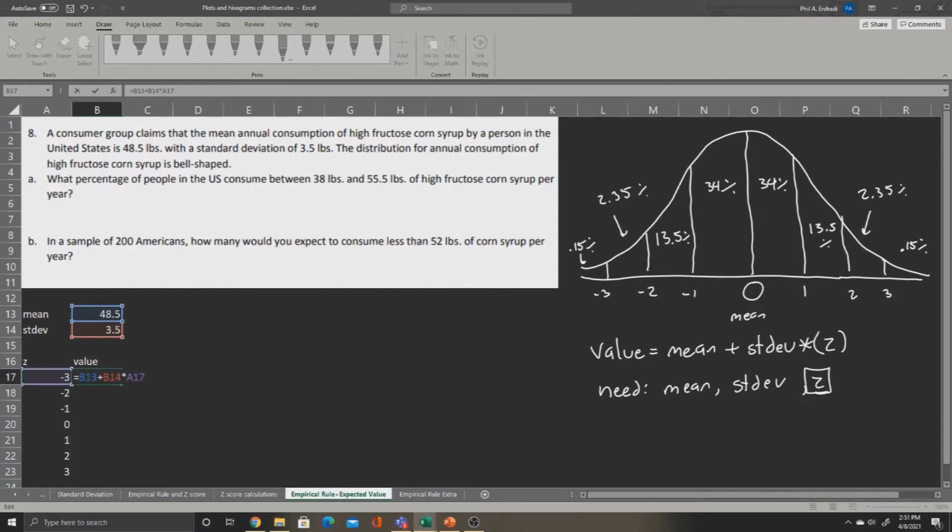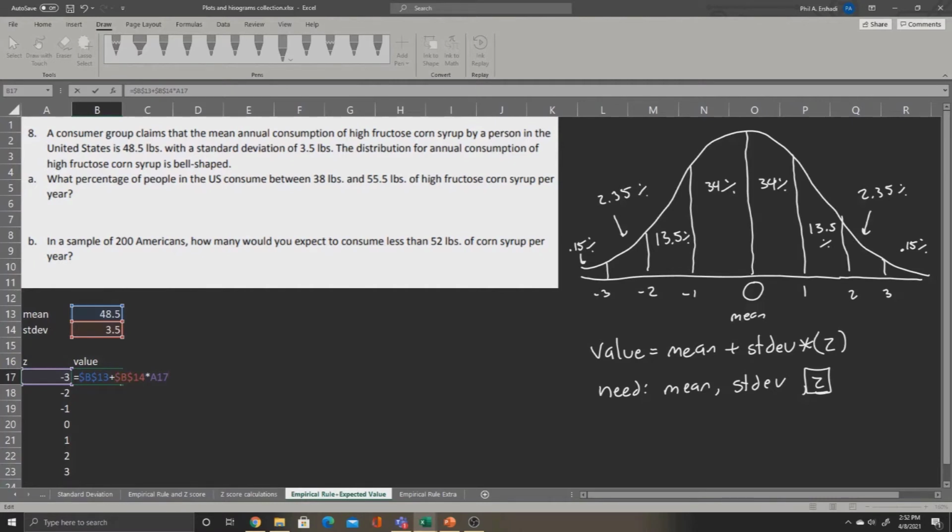So after I type my formula, I'm clicking back on B13 in blue, that's the mean, and pressing the F4 key to place the dollar signs. This indicates to Excel that the mean is a constant. The standard deviation in B14, 3.5, is also a constant. There's only one standard deviation, and so we press F4 there as well to indicate to Excel that's a constant.